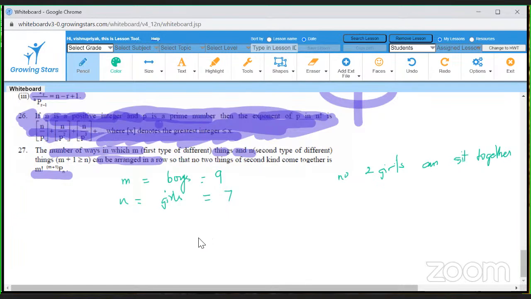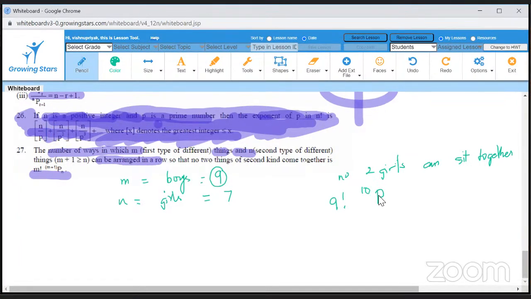For boys, no condition. 9 boys, wherever you want, you can make them sit. So first m factorial. For girls only, there is a condition. What is that condition? (m plus 1), 9 plus 1, 10, P, n. n is 7.